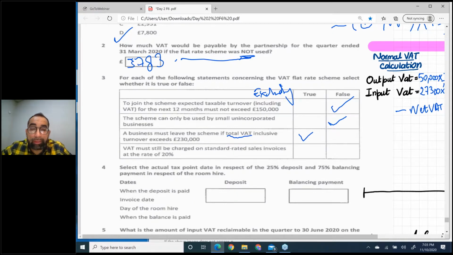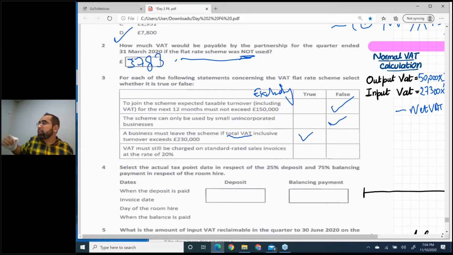Okay. Now the last point. Before I read the last point, let me remind you of something I taught you just before this slide. Even if you join the flat rate scheme, your relationship with supplier and customer will remain the same.